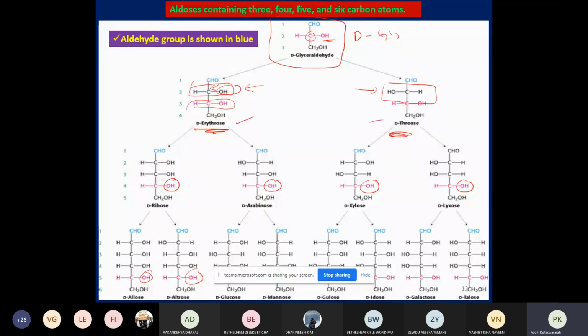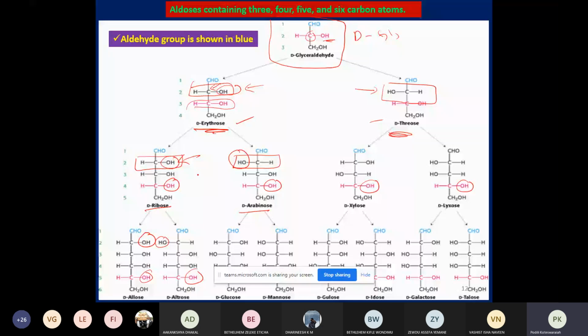Again, from D-erythrose, introduce one more carbon next to the aldehyde functional group, and again introduce hydroxyl once on the right, once on the left, then it becomes D-ribose and D-arabinose. From D-ribose, when you introduce one more carbon and place hydroxyl on the right, it becomes D-allose. When you place hydroxyl on the left, it becomes D-altrose. The remaining structure is the same.